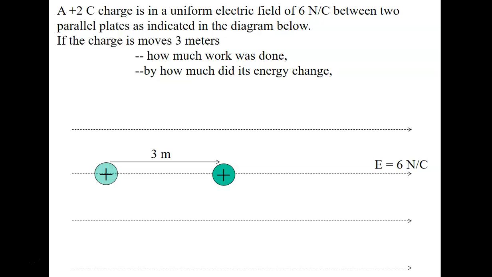Now remember, work is equal to force times distance. There's the force we just calculated, 12 newtons, times the distance, which is 3 meters. Remember, force and direction of motion have to be parallel in order to do work. These are parallel: it's moving to the right, and the field lines point to the right.